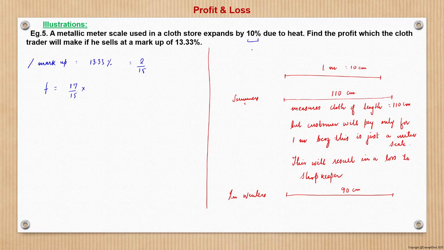So when the meter expands by 10%, it's a loss scenario, right? It's a loss scenario. In expansion of 10%, customer is actually paying for only 100 centimeter, whereas the cloth offered to the customer is 110 centimeter. So here it becomes 10 by 11.